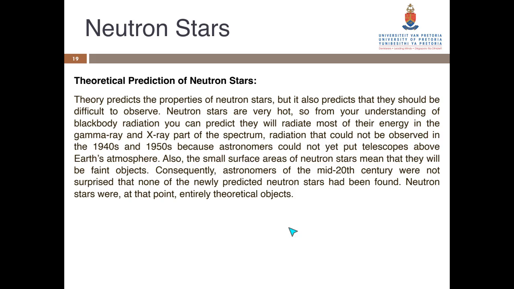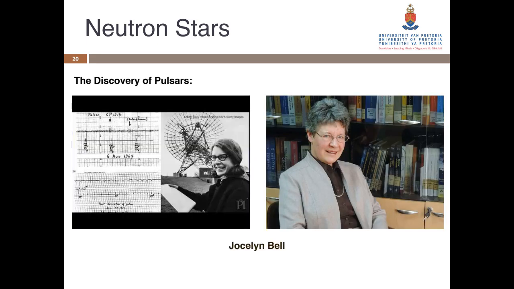Also, the small surface areas of neutron stars mean that they will be faint objects. Consequently, astronomers of the mid-20th century were not surprised that none of the newly predicted neutron stars had been found. Neutron stars were at that point entirely theoretical objects.